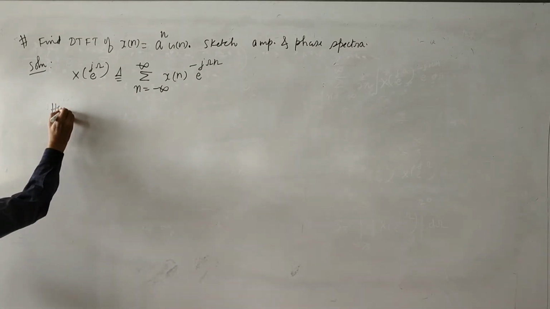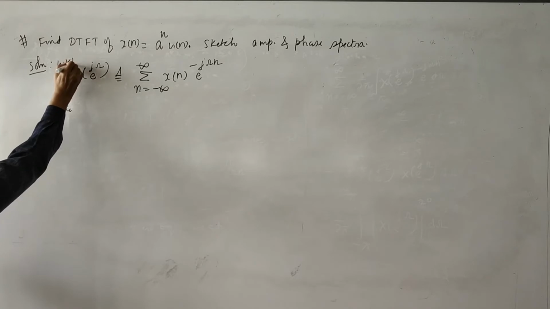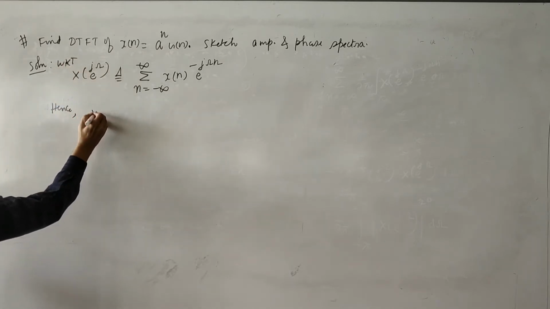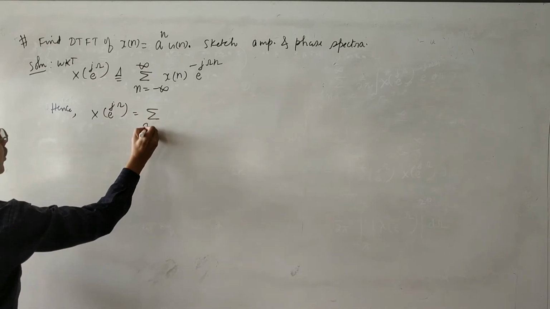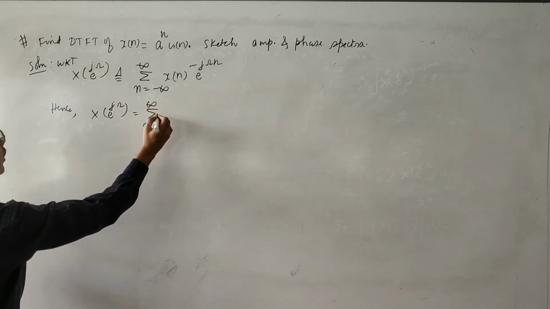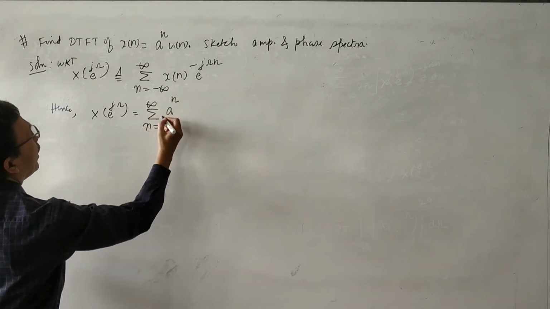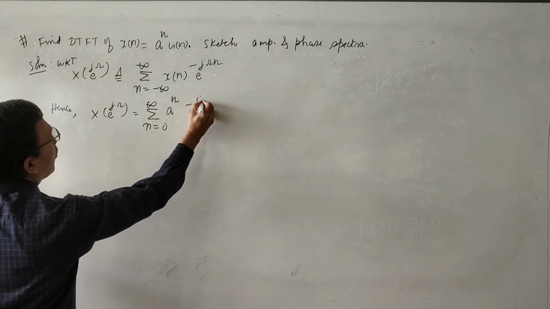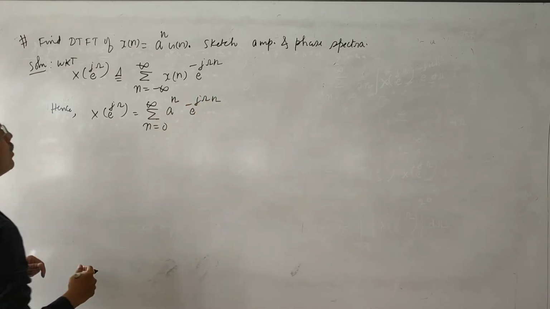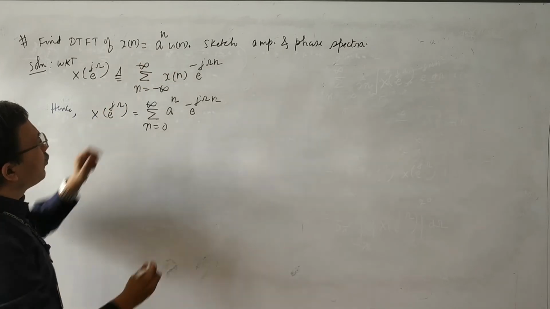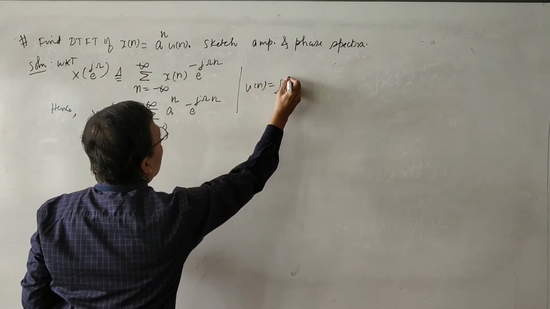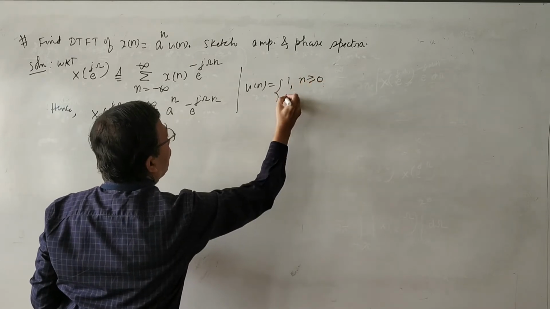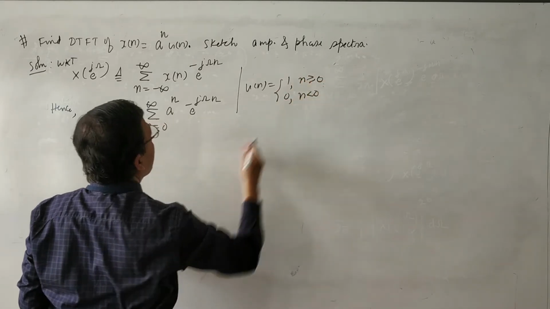Hence, x of e power j omega equals summation n equals 0 to infinity a to the power n into e to the power minus j omega n. Please note, u of n is 1 for positive time, 0 for negative time.